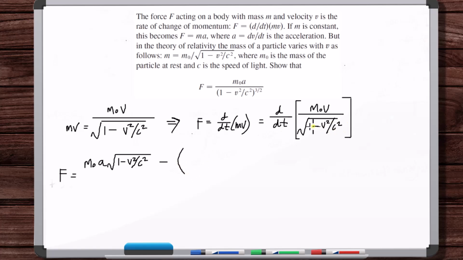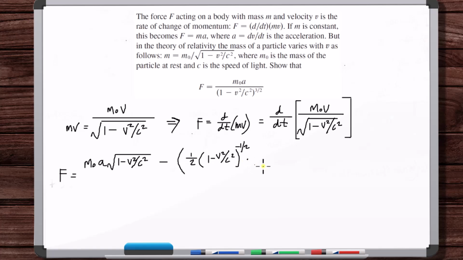So what is the derivative of 1 minus v squared over c squared to the 1/2 power? That's 1/2 to the minus 1/2 times the derivative of what's on the inside.